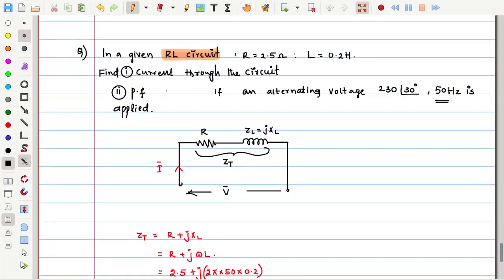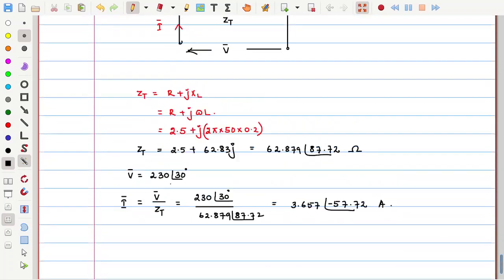Next, what I need? Power factor. It is simple now. Once you have the impedance, just look at the impedance angle and you will get the power factor. So one is current, two is the power factor. PF is equal to cos theta. How much is theta? 87.72.